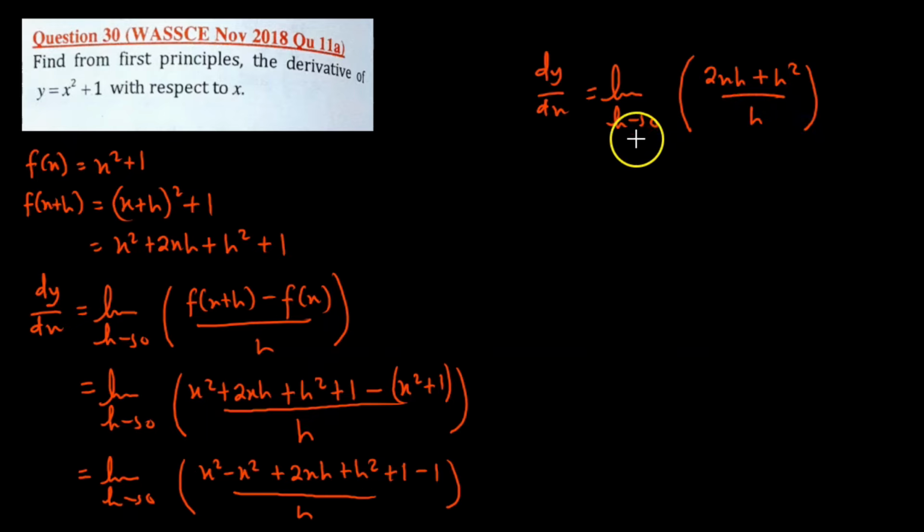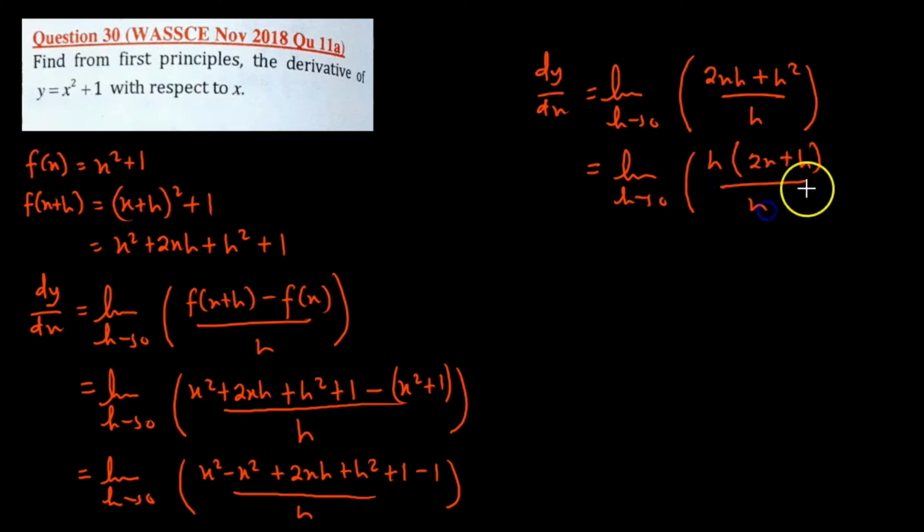Then at this moment, as you know, we cannot substitute the value of 0 into the function because it will make it undefined. Therefore, we need to factorize to remove all discontinuities. So the limit as h approaches 0 for h out, 2x plus h all over h.